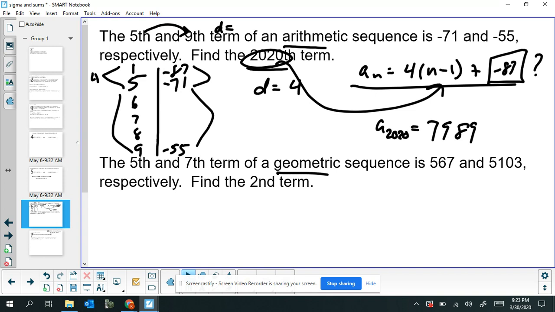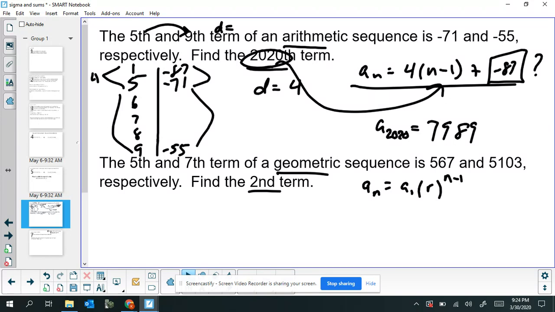For a geometric one, we can use a lot of the same thinking, but we're asked in this case to find the second term. I know that the general rule is A of n equals A of 1, the first term, times the common ratio to the n minus 1 power, but I really don't know any of that here.